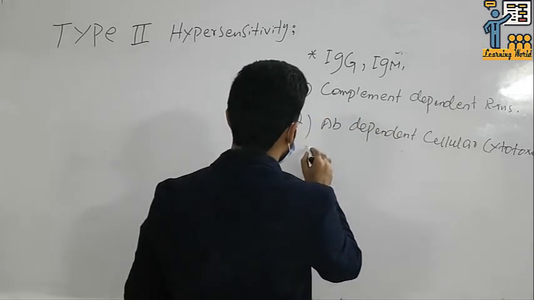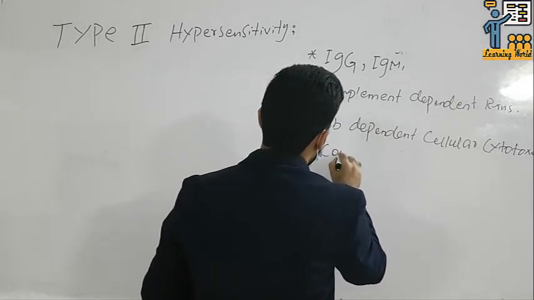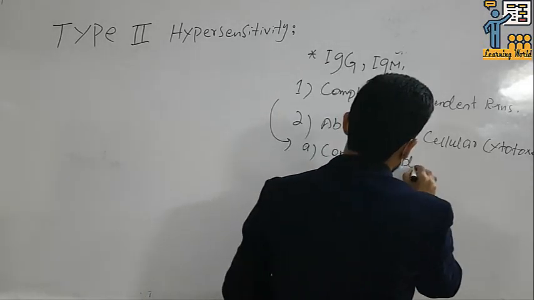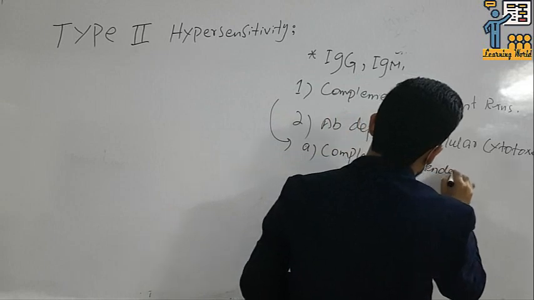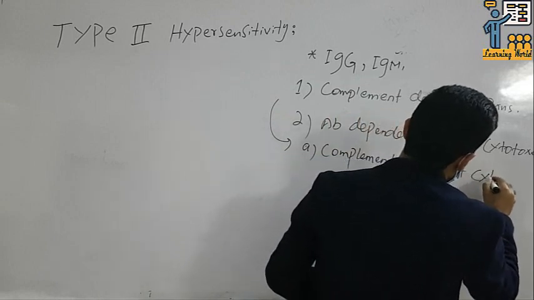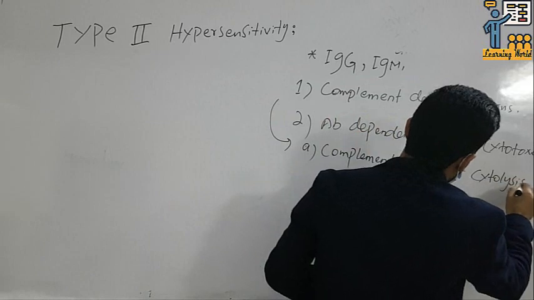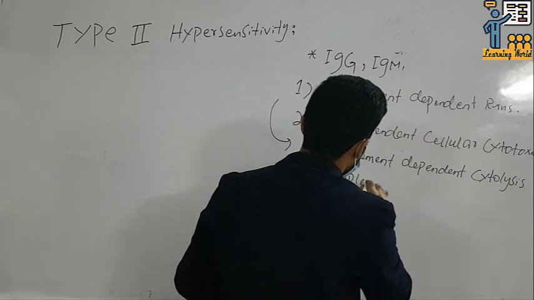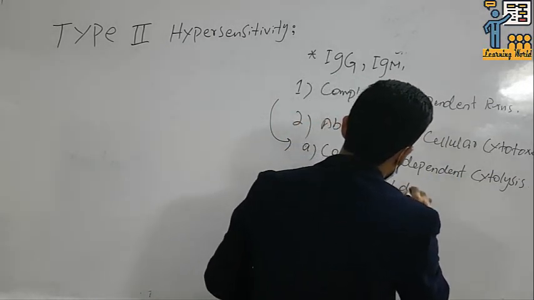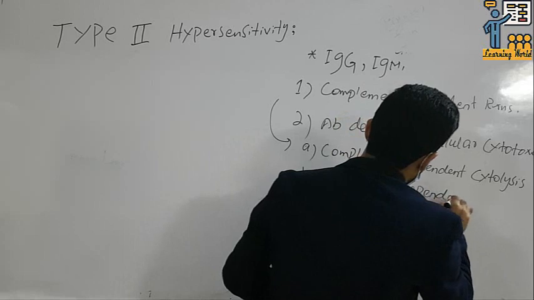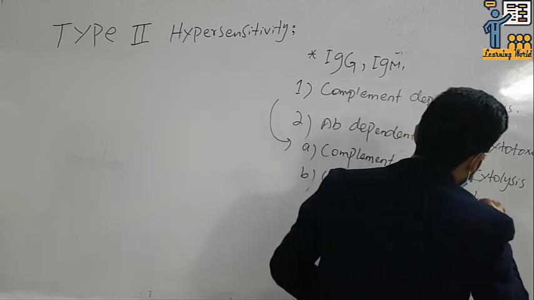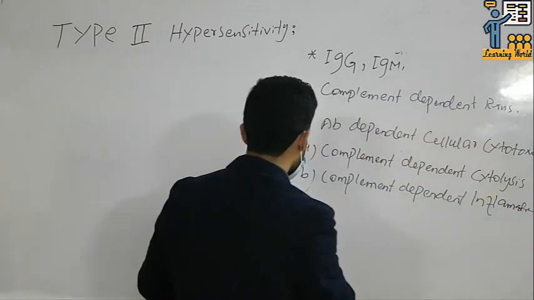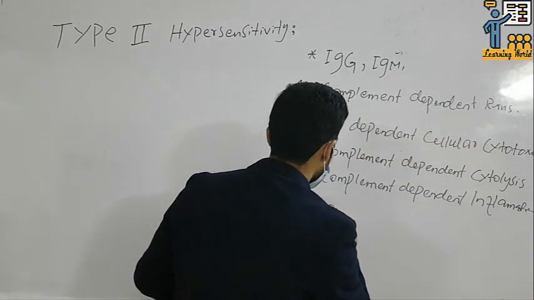First is complement dependent cytolysis, B is complement dependent inflammation, and C is opsonization.